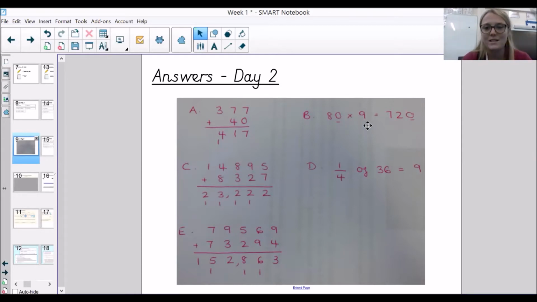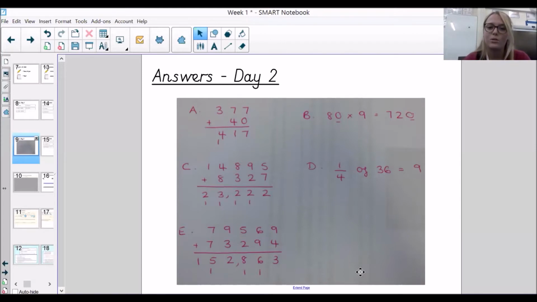So B, 80 times 9. Remember, if I know 8 times 9 is 72, I know 80 times 9 will be 720 because of multiplying by 10. Okay, so give yourself a tick if you got that one right. Question C was 14,895 plus 8,327. There was a lot of carrying in this one.